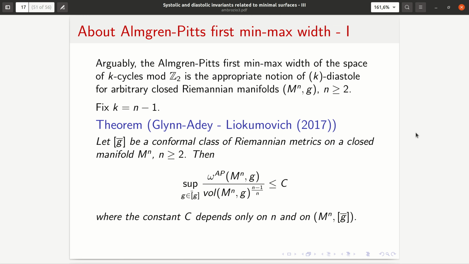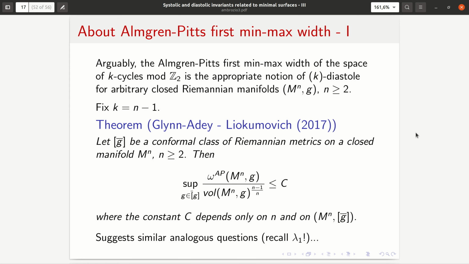And they showed that for this notion of Almgren-Pitts diastole, there is on each conformal class an upper bound for the normalized diastole by the volume. Okay? And this is in strong resemblance with the kind of question that you ask about the first Laplace eigenvalue.